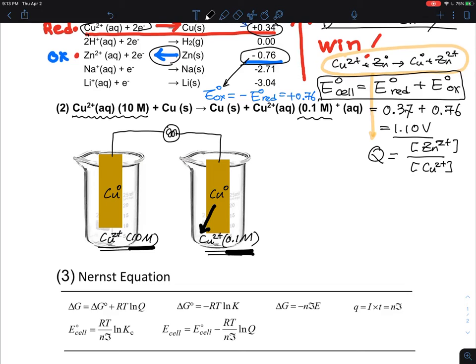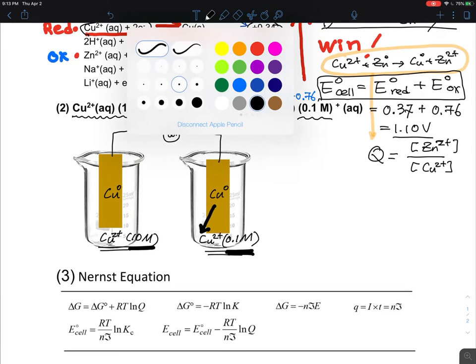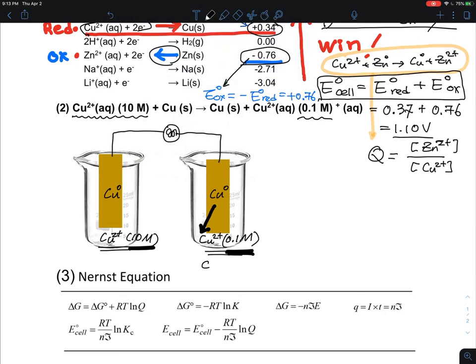So this side is going to happen this way: copper metal is going to become copper 2 plus at 0.1 molar concentration with 2 electrons. Because it's a lower concentration, there is much more motivation to do so. By doing so, electrons escape from this side.